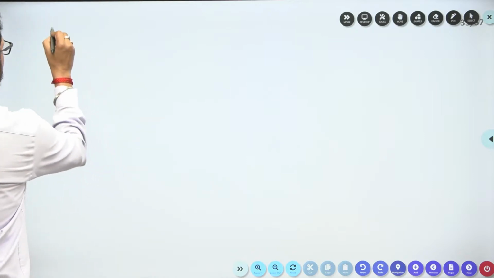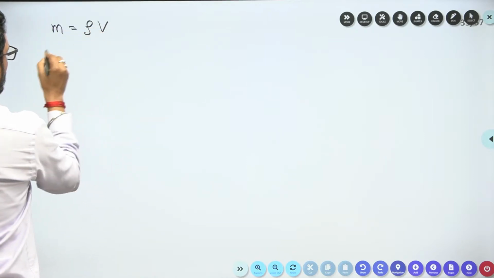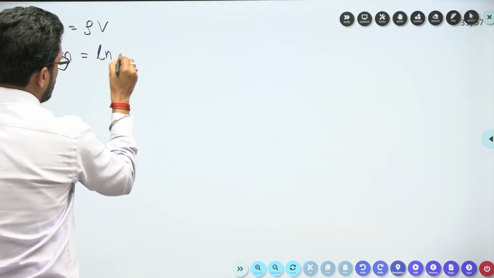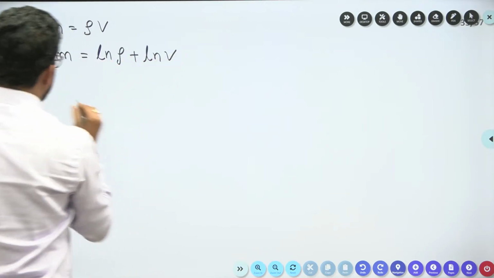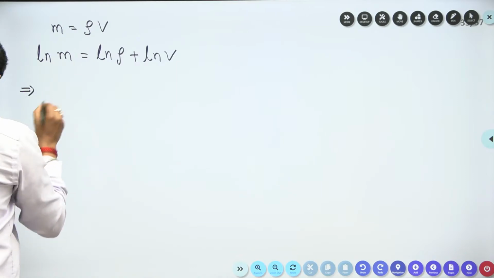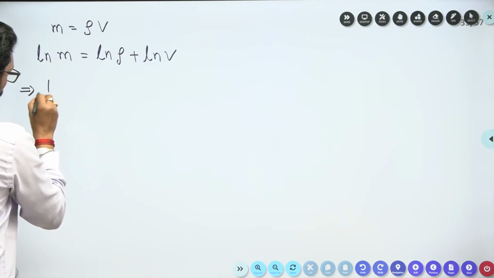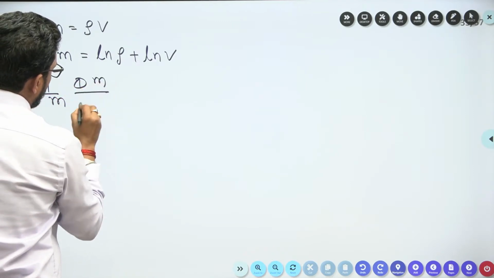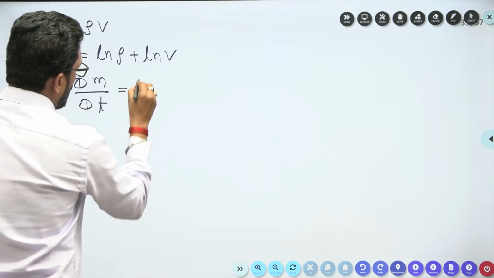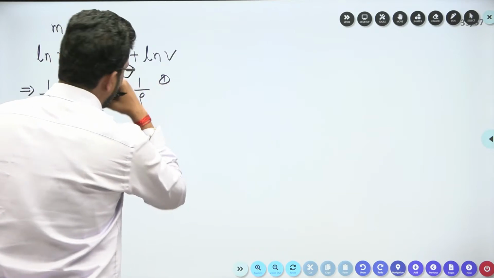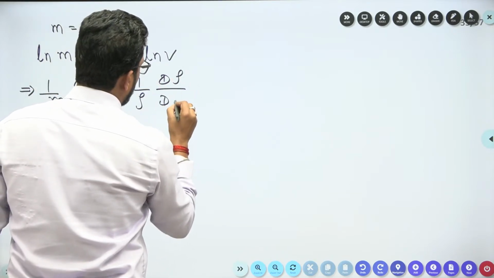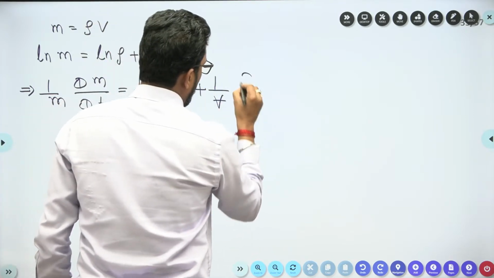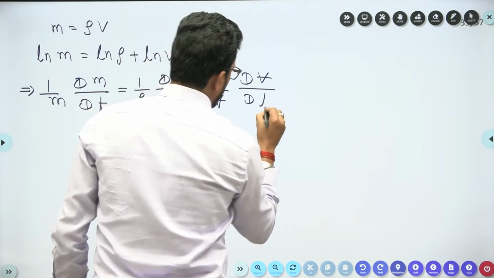Mass is density into volume, that means m equals rho V. Take natural log on both sides, ln m equals ln rho plus ln V. So from here we can say that 1 by m capital D m by Dt plus 1 by rho capital D rho by Dt plus 1 by V capital D V by Dt. Yes or not?